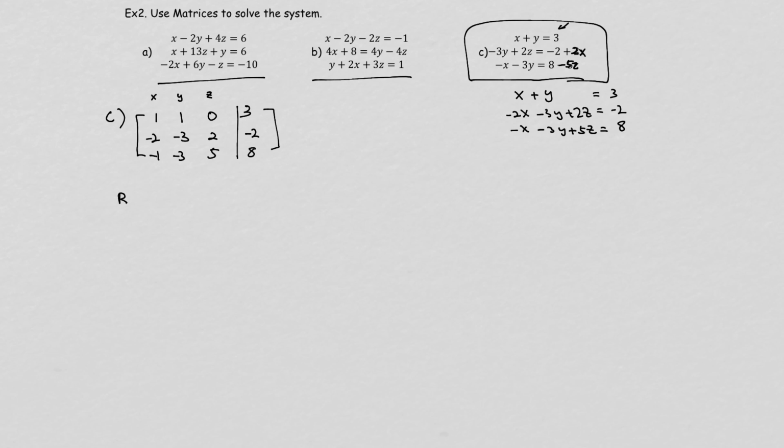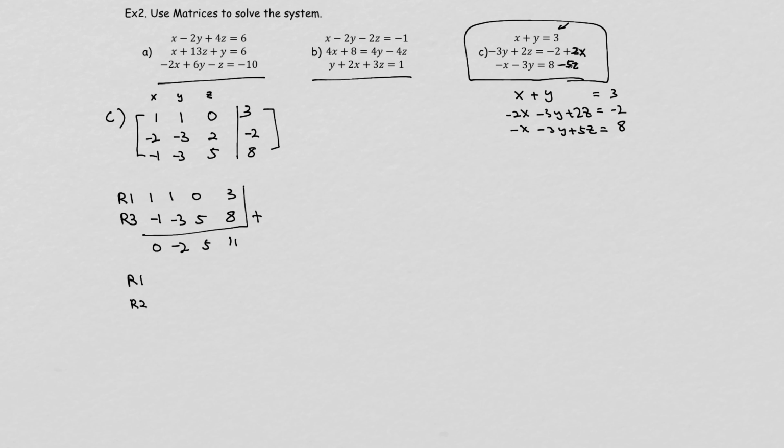So let me do row 1 with row 3. Looks like they are already opposite. So just by adding them, I will have first column 0. That will be -2, 5, and there will be 11. I wanted to see what else I'm going to get when I'm trying to eliminate. So let me do a different mixture this time. So let's do row 1 with row 2 this time.